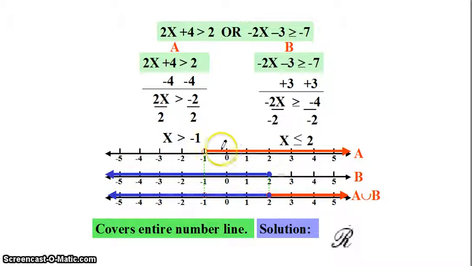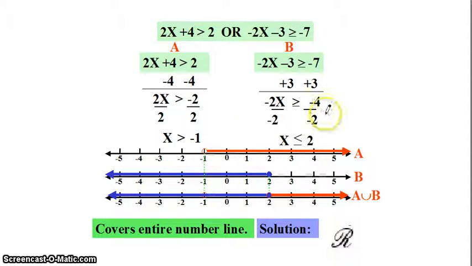Remember, union takes together everything from this solution, everything from this solution, puts the two together, and we just take them all. Take all those solutions together. We don't cut anything off. It doesn't need to satisfy both pieces at the same time. It can be either this solution or this solution. So if this takes everything and it all overlaps, we get all real numbers. We get the entire number line.